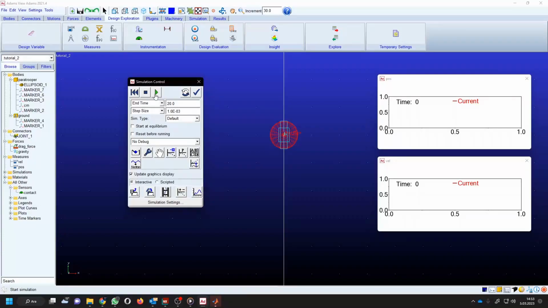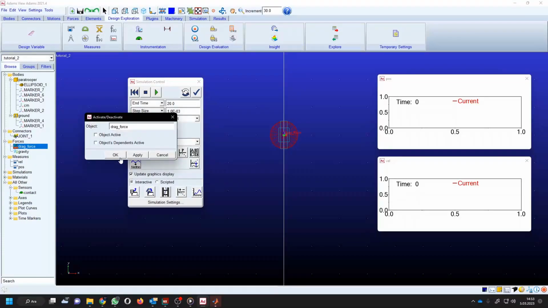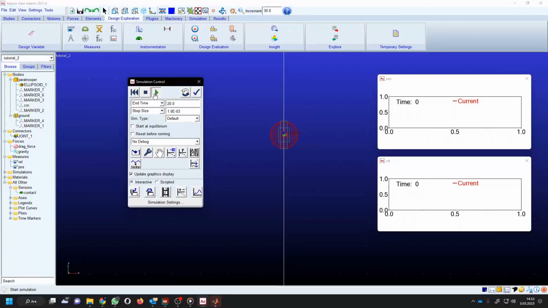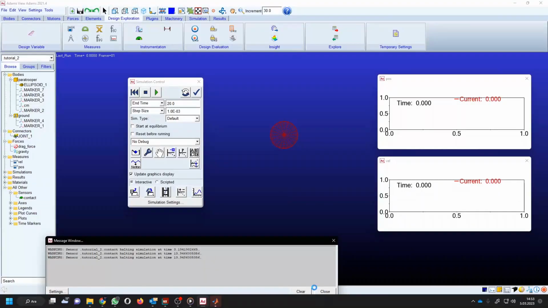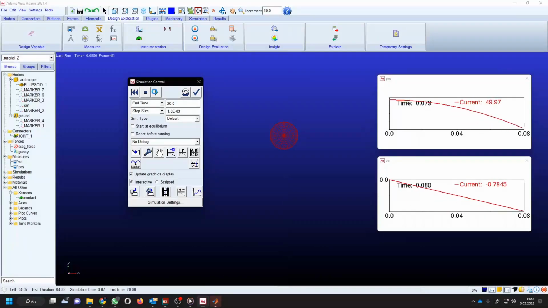Okay, let me first run the model without aerodynamic forces, so I will deactivate this. Let's restart this one.